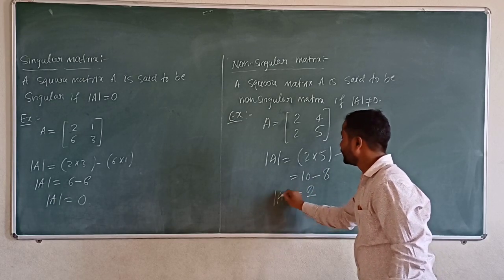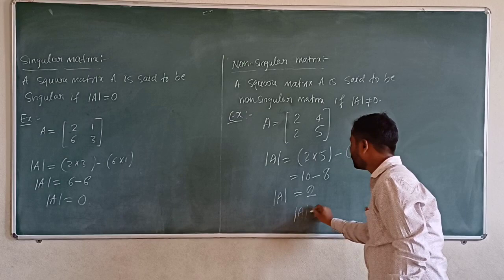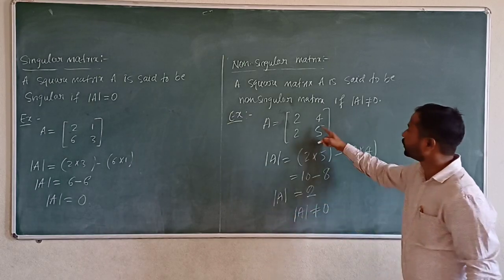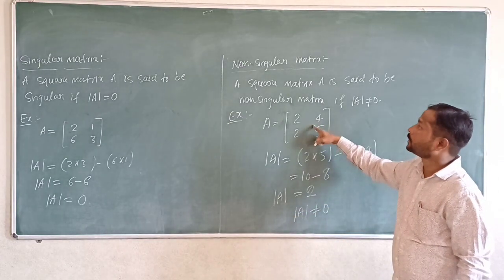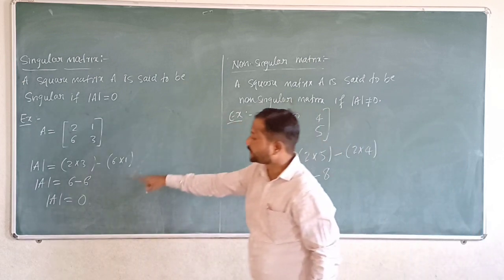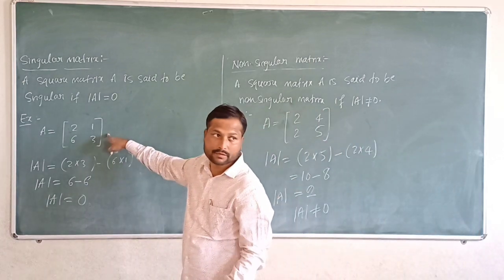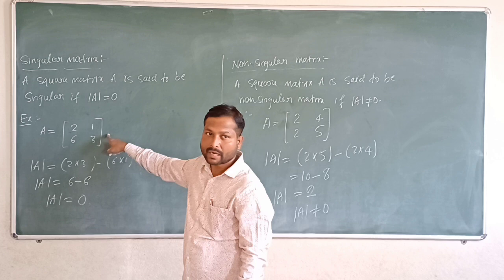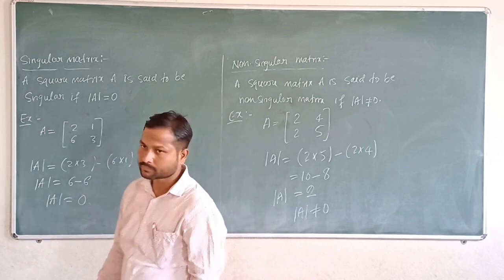So therefore here the determinant value is not equal to 0, so it is said to be which matrix? Non-singular matrix. In the previous one the determinant is equal to 0, so the given matrix is a singular matrix.